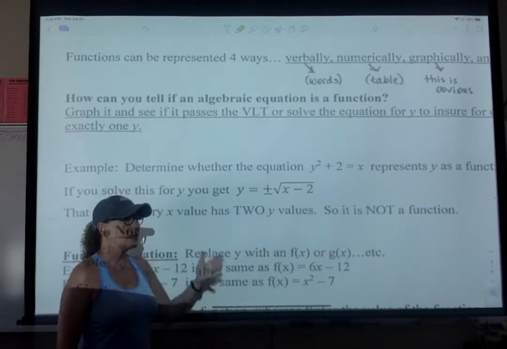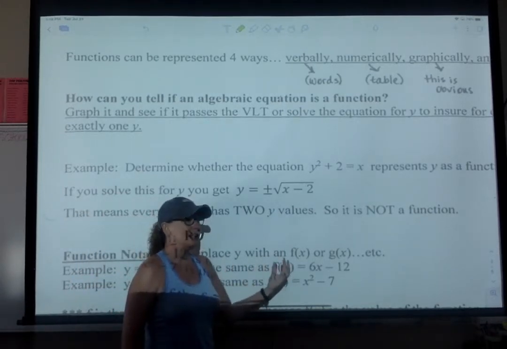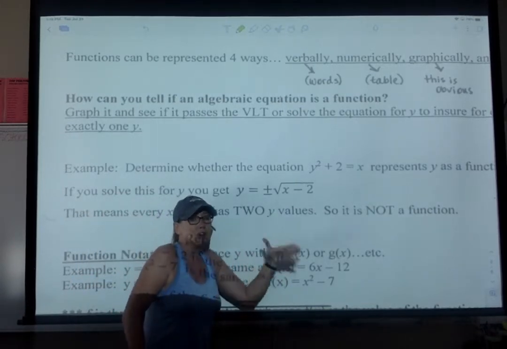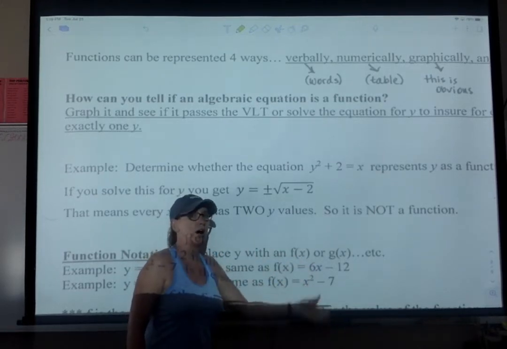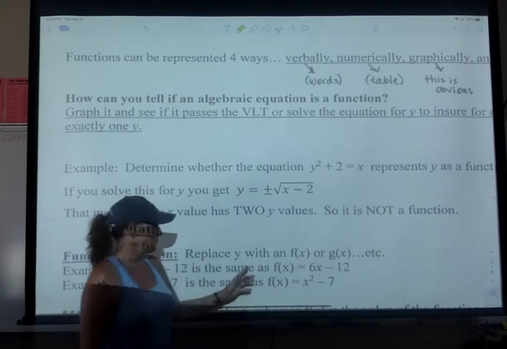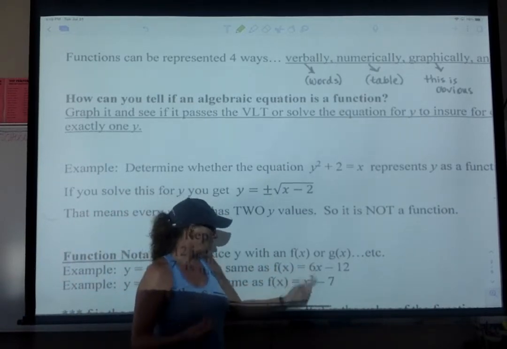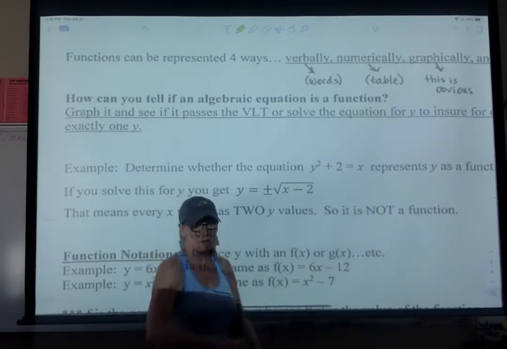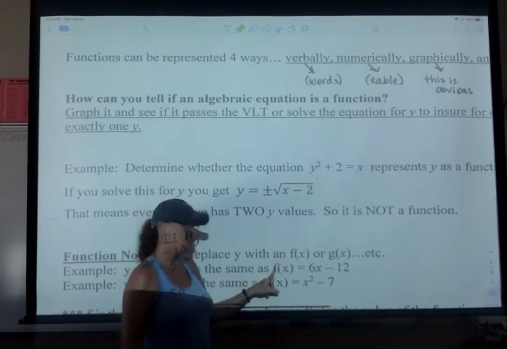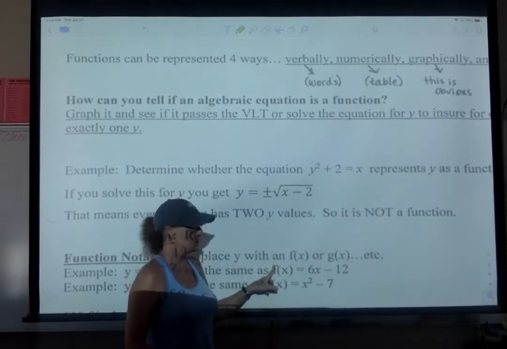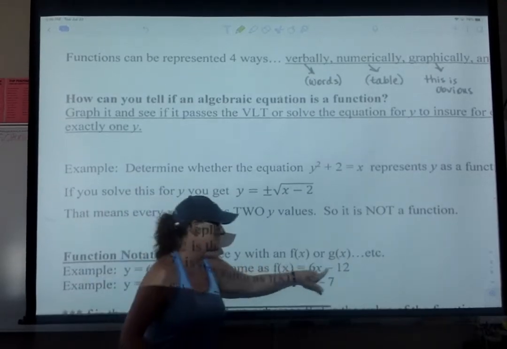The thing that I like about function notation is you can always see what you plugged in for x as well as what you got for y. Also, when I refer to a function, instead of calling it 6x minus 12, instead of saying that over and over again, I can just call it by its name, which is f. So if ever I would want to talk about this, I can just call it f. I don't have to say all that.